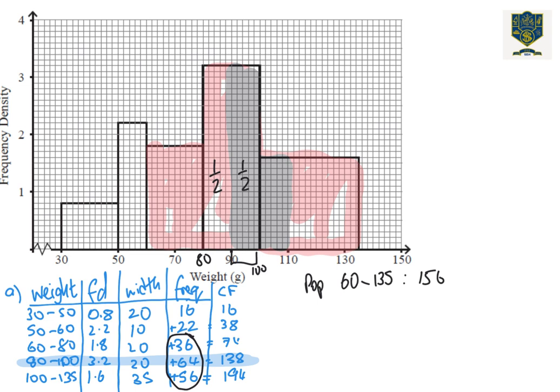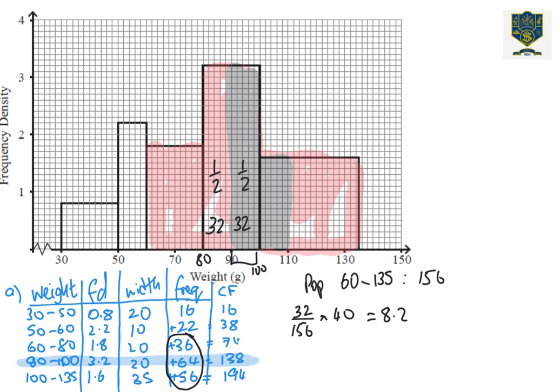So in our population, half of the 64 is 32, so we're going to have 32 values divided evenly in each half. So to work out the proportion of the population that's between 90 and 100 is going to be 32 over 156. We multiply that by the sample size of 40, and we get 8.2. So there should be approximately 8.2 in our sample.